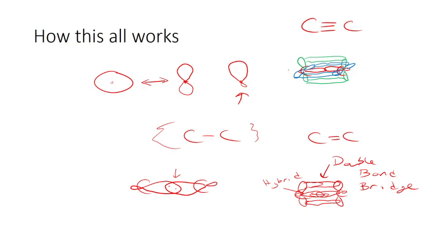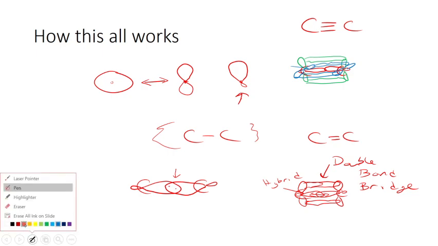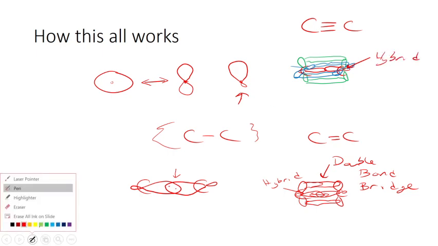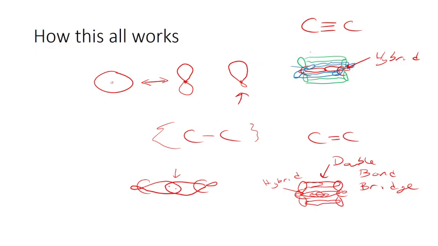So you have your hybrid in the middle. Oops, that's red. So hybrid. And then you have your green that are pi interactions for your double bond.